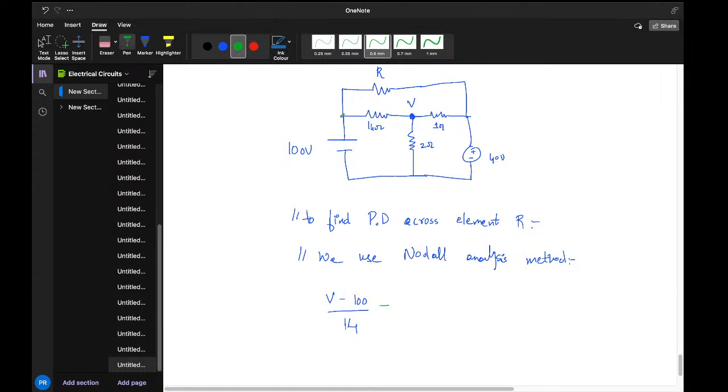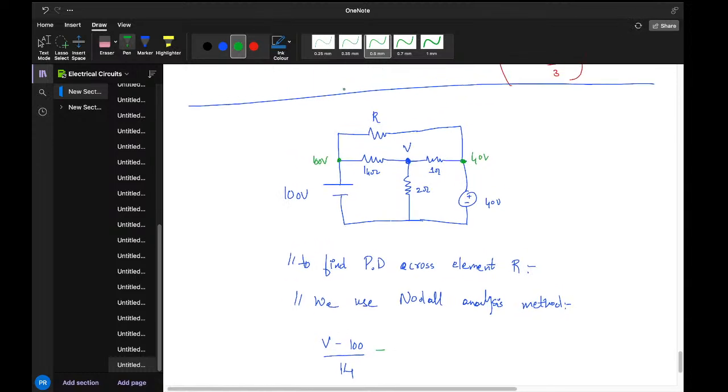So let this be a point, 2 points out here. We are interested in finding the resistance R in this circuit over here, guys. Not the potential difference across the element R. Potential difference across R is nothing but out here it's 100 volts, and out here it's 40 volts. Both are in the same direction, so you can just subtract. If you just take a voltmeter and measure out here, you will get 60 volt over here.